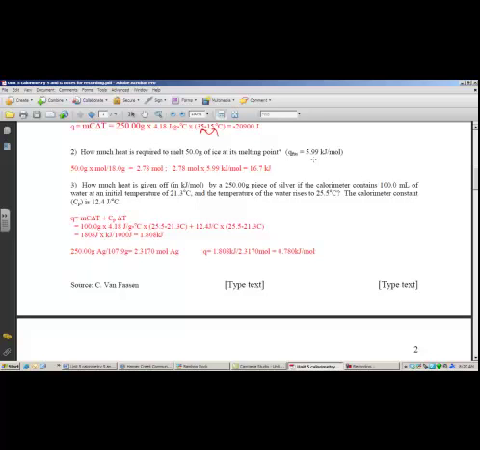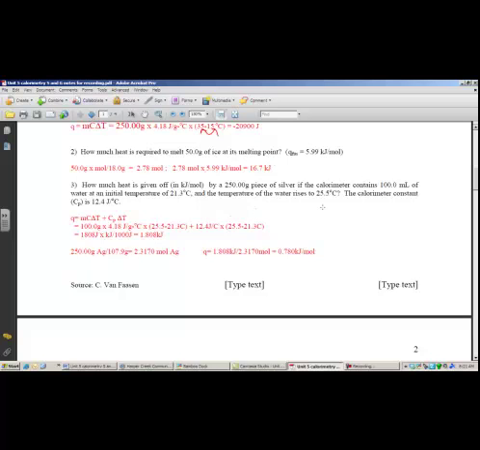So you're really adding the heat of fusion, 5.99 kilojoules per mole of ice, to change it into liquid at its melting point. So converting grams to moles, because we need to multiply those moles of ice by its heat of fusion to cancel moles and get kilojoules. So there's that problem.